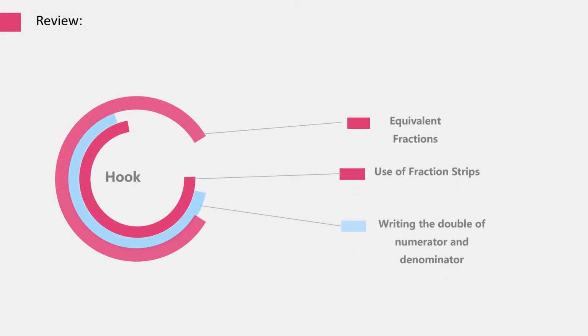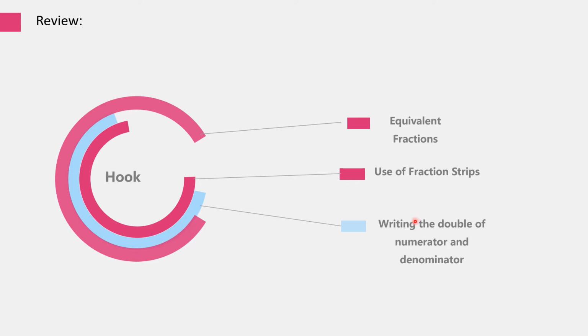Okay, before getting into the lesson, let's have a review of what we learned in yesterday's lesson. Yesterday we started the new topic and we learned about equivalent fractions, the fractions that are equal to each other. And then we learned how to use fraction strips.